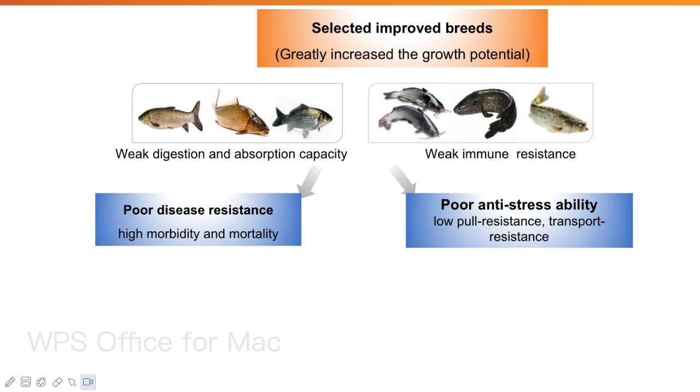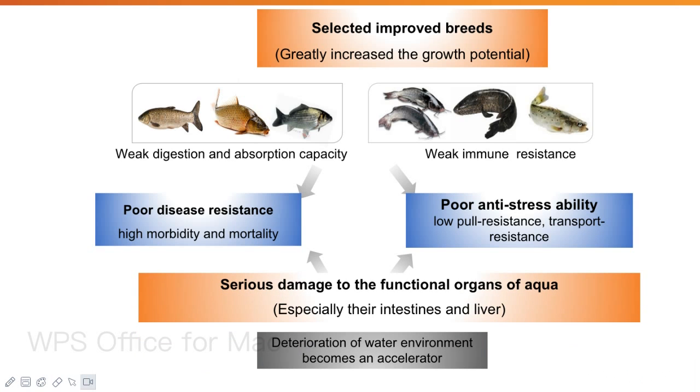In addition, the nutritional level of aqua is generally high, which increases the digestive burden of aqua and increases the emission of nitrogen and phosphorus, and also worsens the water environment.